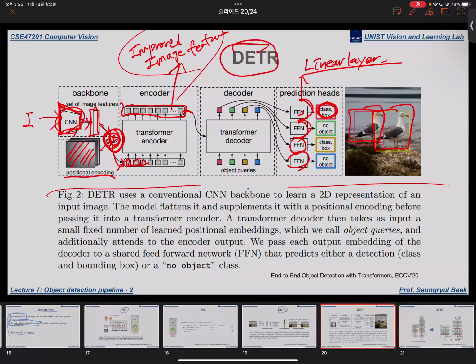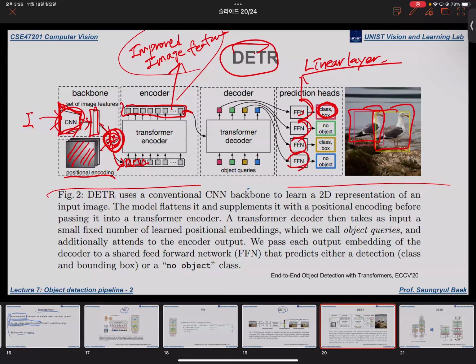Also, normally over 300 object queries are used because they are assuming that each object query is mapped to one bounding box and class probability.